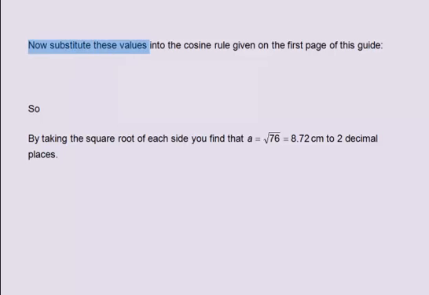Now substitute these values into the cosine rule given on the first page of this guide. Lowercase a squared equals lowercase b squared plus lowercase c squared minus 2 multiplied by lowercase b multiplied by lowercase c multiplied by the cosine of uppercase A. Therefore, lowercase a squared equals 4 squared plus 6 squared minus 2 multiplied by 4 multiplied by 6 multiplied by the cosine of 120.